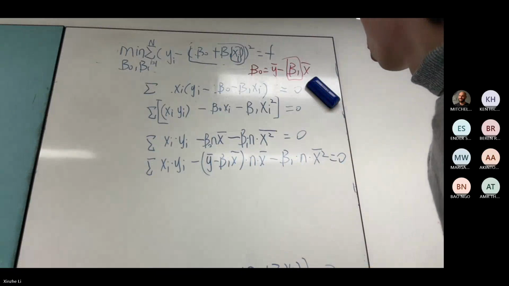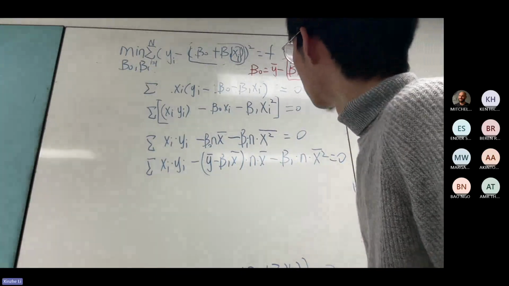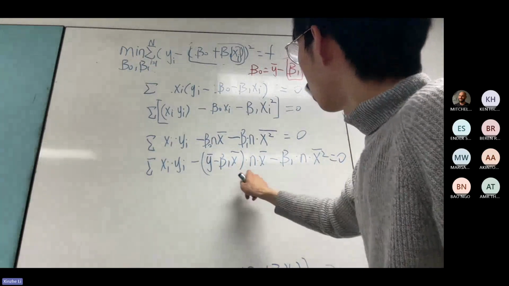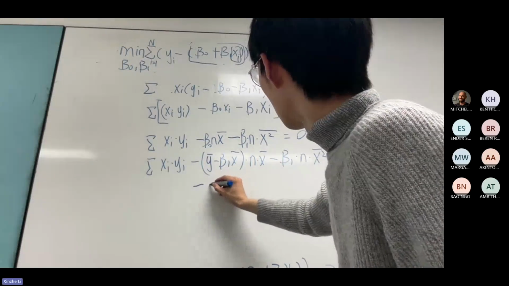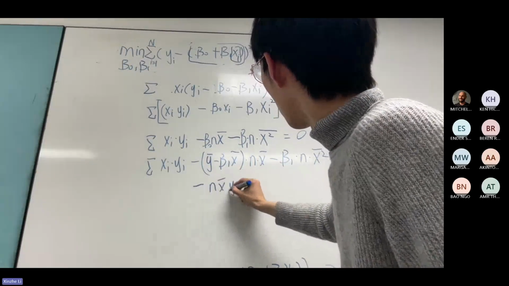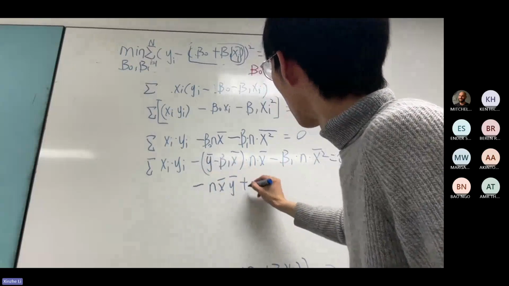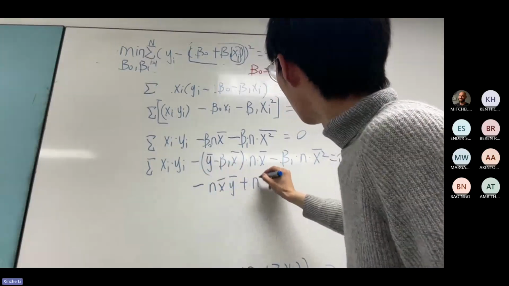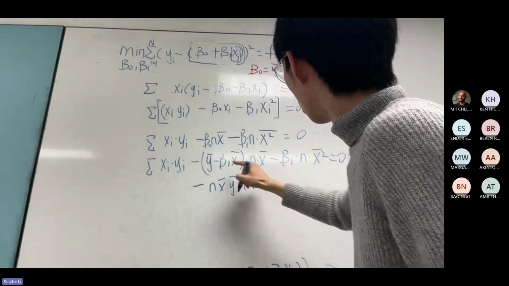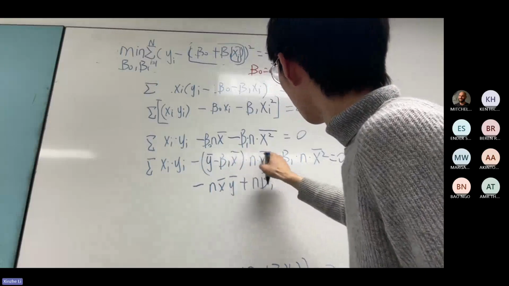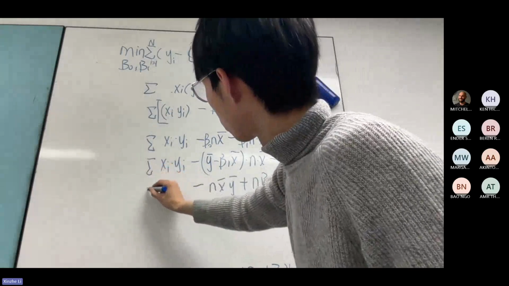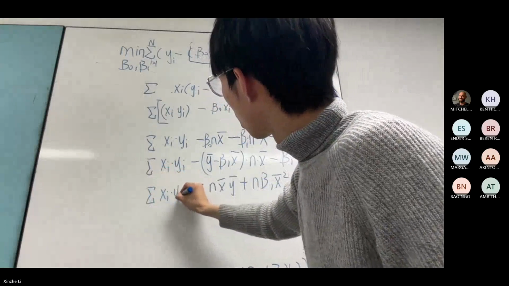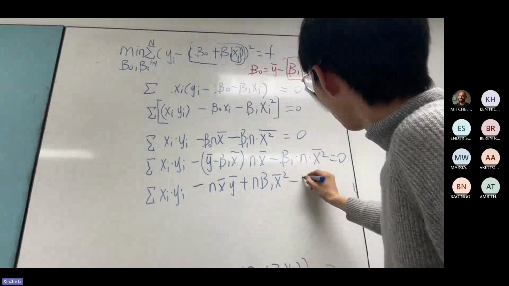Okay, so now let's expand this: minus n x bar y bar, so plus n beta 1 and x bar times x bar is equal to x bar square, right? So put this first term back, then put the last term back.